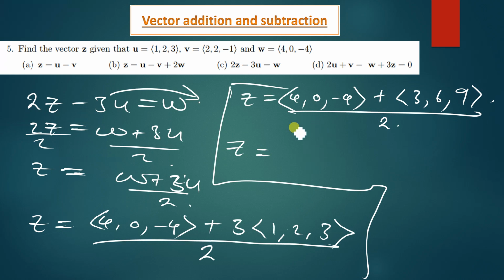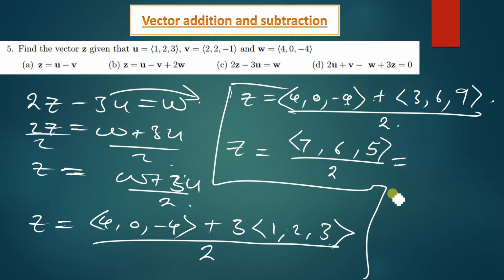So z is going to be equal to 4 plus 3, which gives 7, 0 plus 6 gives 6, and negative 4 plus 9 gives 5, and we divide everything by 2.